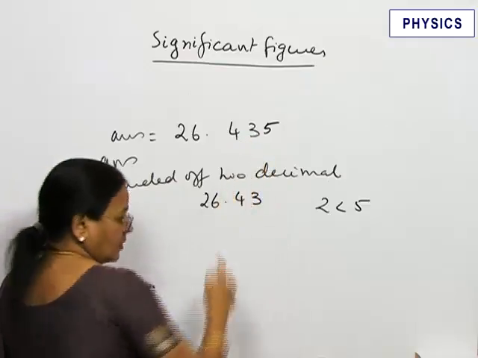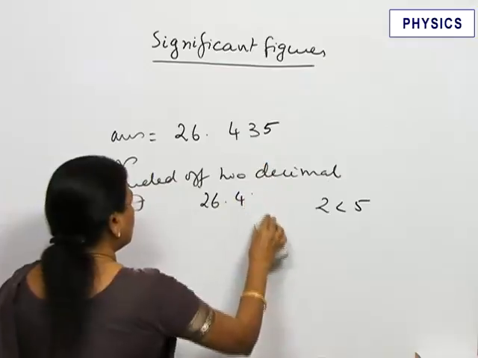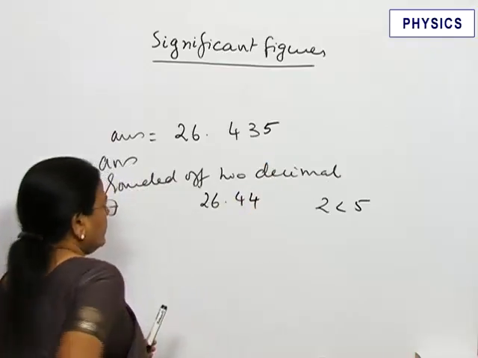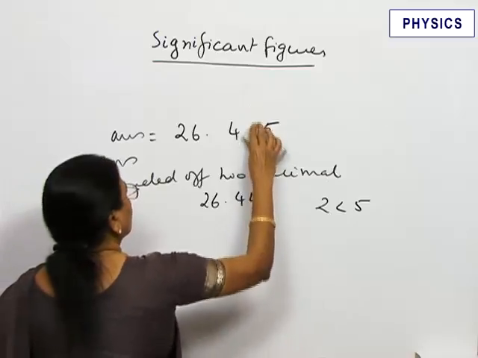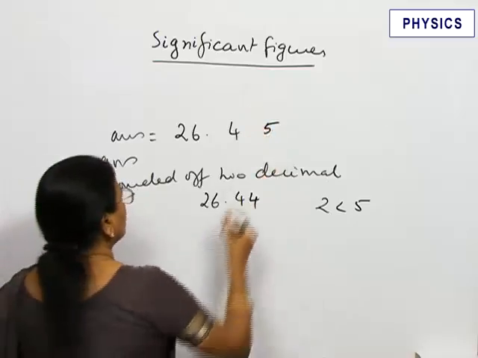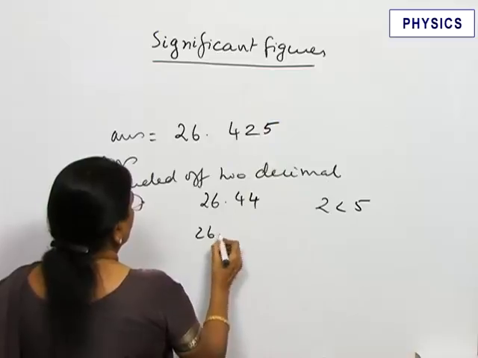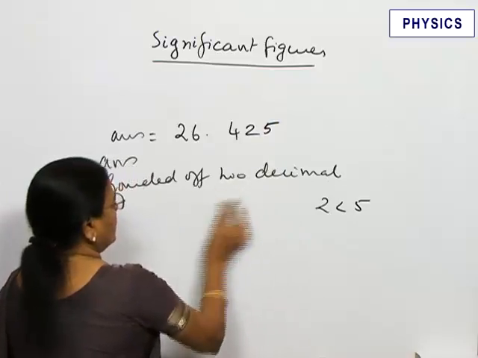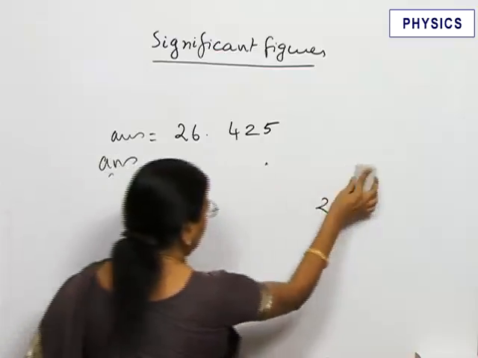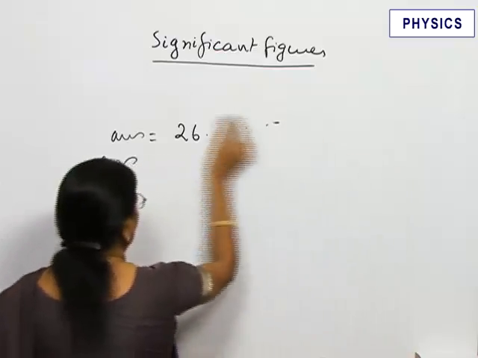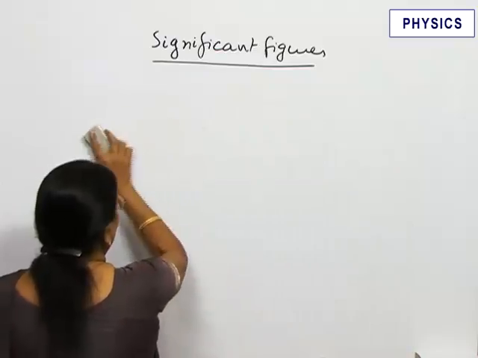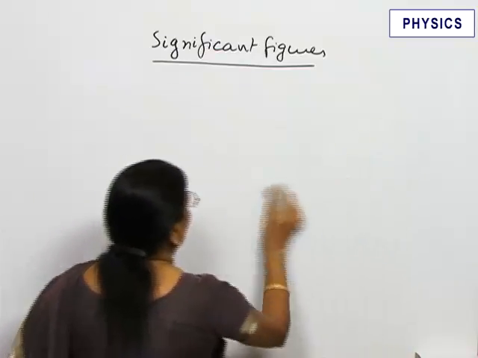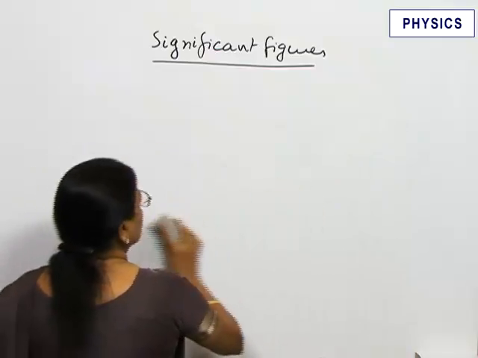Now in this case it is an odd number, so increase its value by 1, 26.44. Suppose it had been an even number, then 26.42. So if the number to be dropped is greater than 5, increase the previous number by 1. Less than 5, don't increase. Equal to 5, you have to increase if it is an odd number and don't increase if it is an even number.